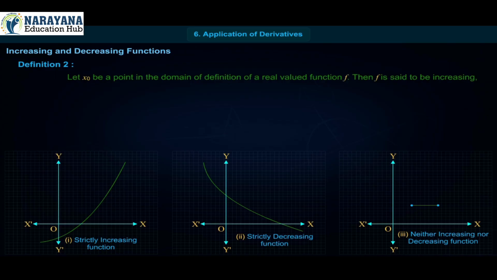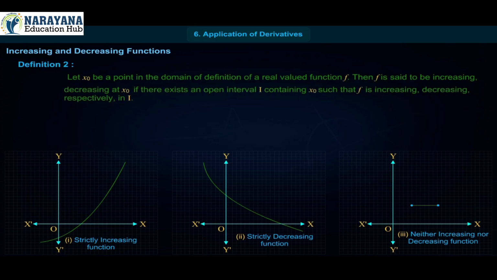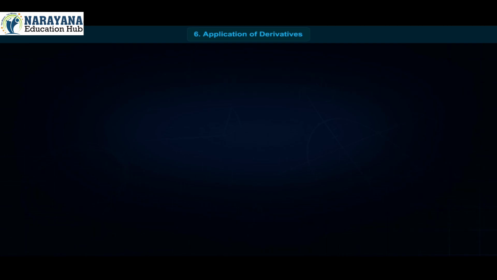Let x0 be a point in the domain of definition of a real valued function f. Then f is said to be increasing, decreasing at x0 if there exists an open interval I containing x0 such that f is increasing, decreasing respectively in I.